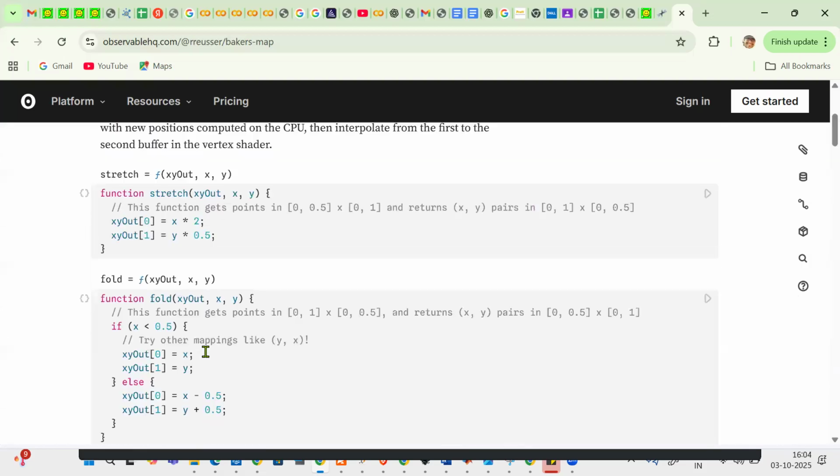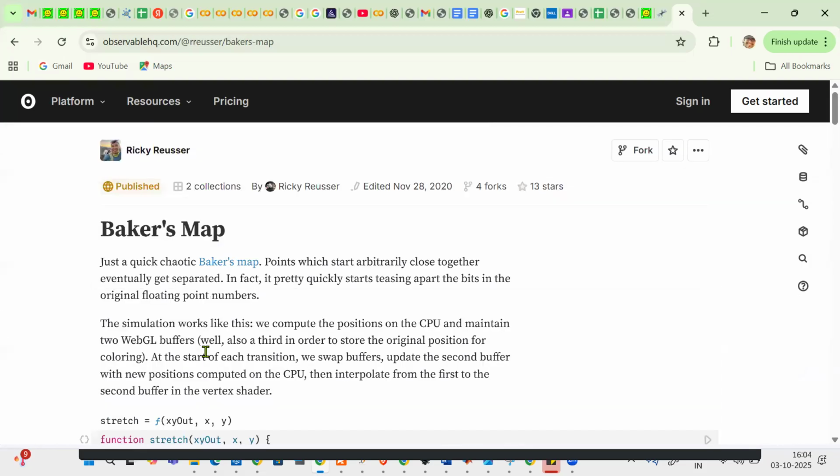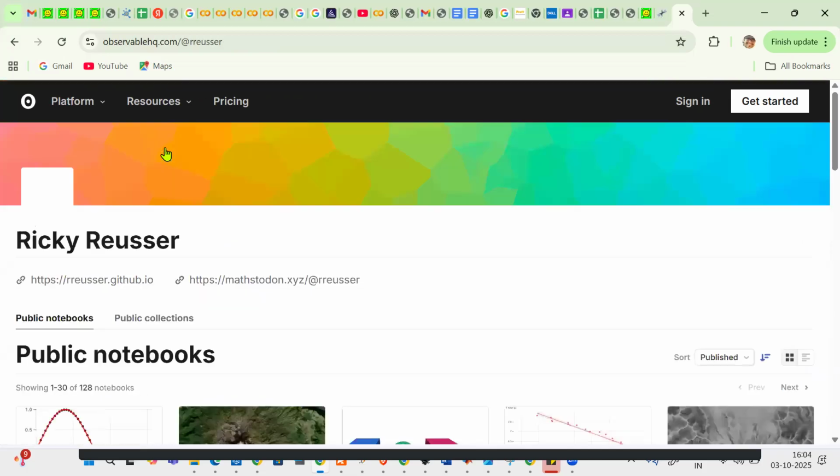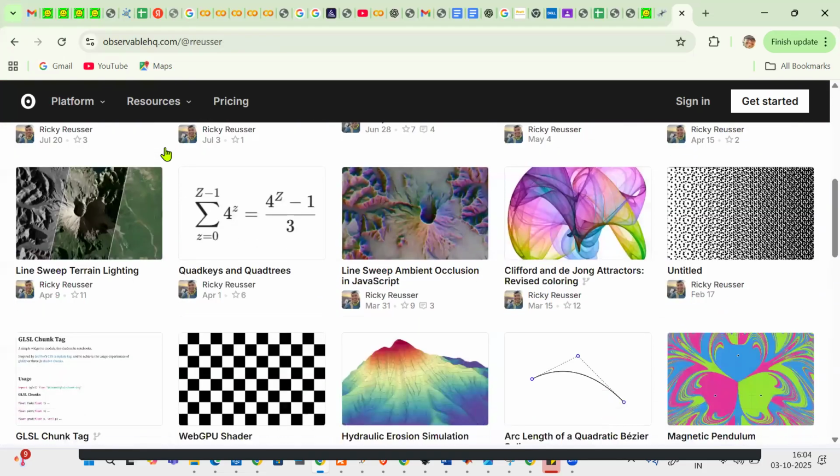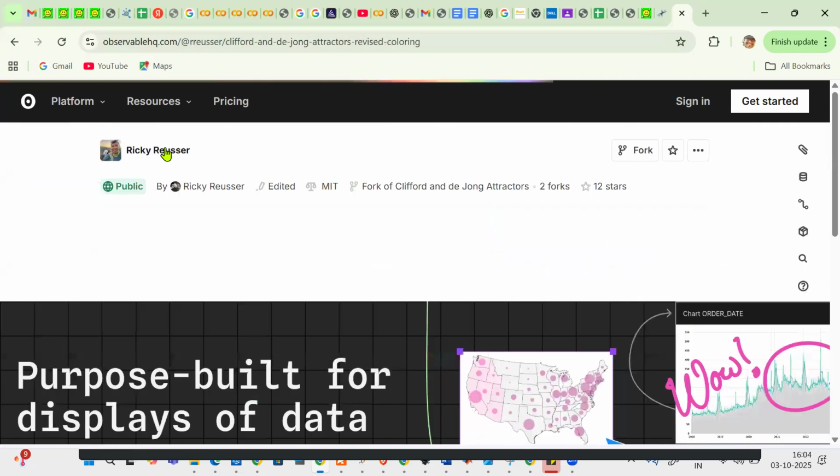So let us see if we get some other map here. No. This I found it, but you can see he has done a lot of things. He has actually done this with attractors also.